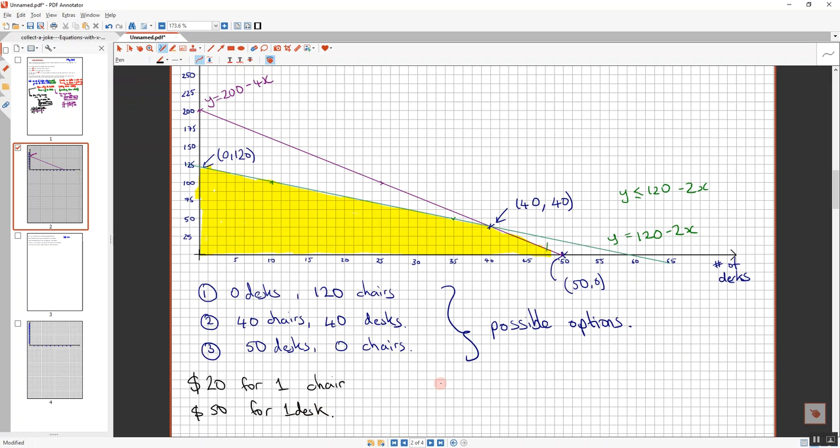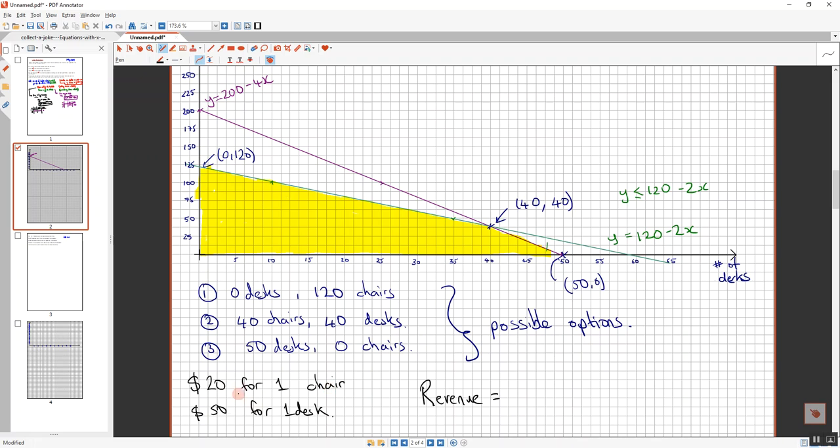Alright, can we come up with an equation for R, for revenue, which is how much money we're going to make, using our x's and y's? Because remember, x is the number of desks sold, y is the number of chairs sold.